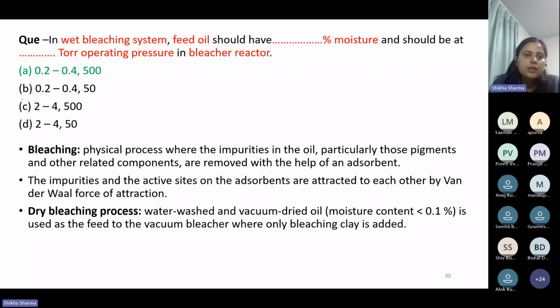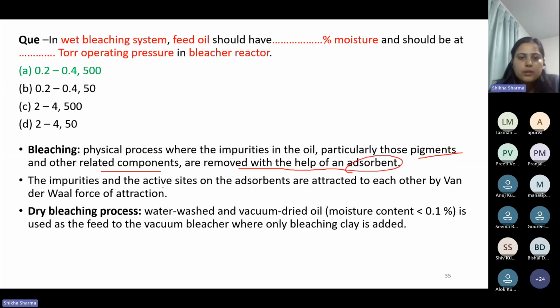So bleaching is basically a physical process where the impurities in the oil are removed, particularly the pigments and other related compounds, with the help of an adsorbent.